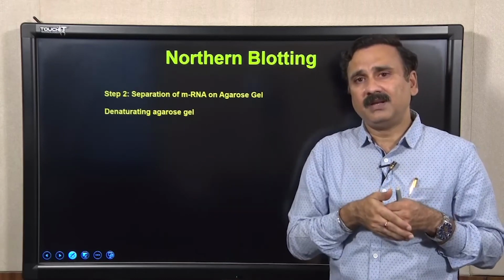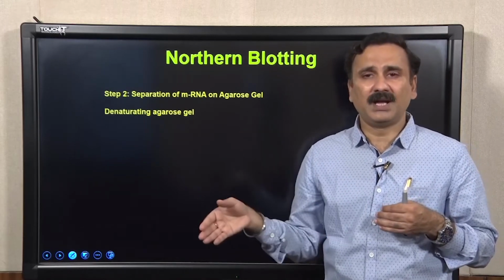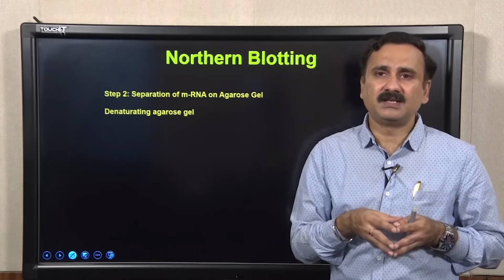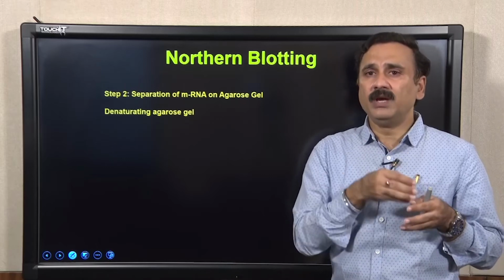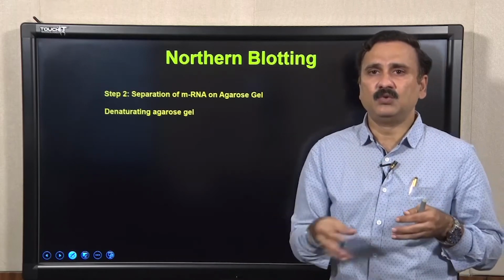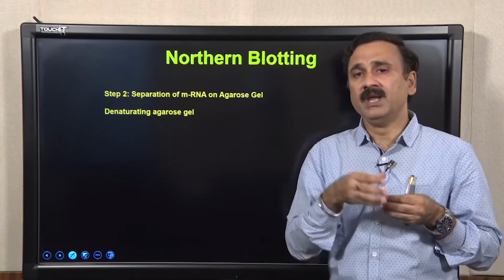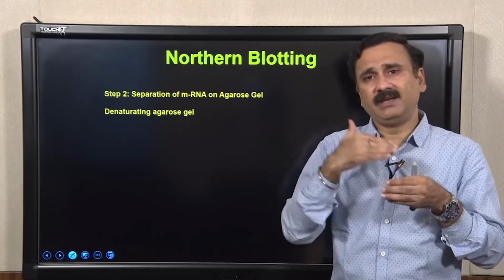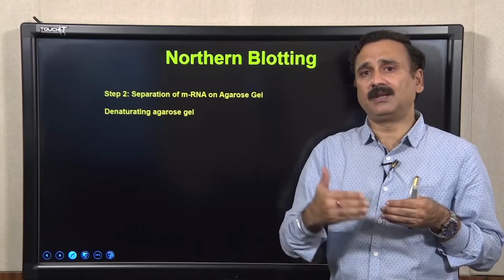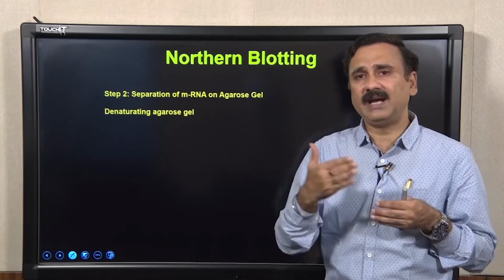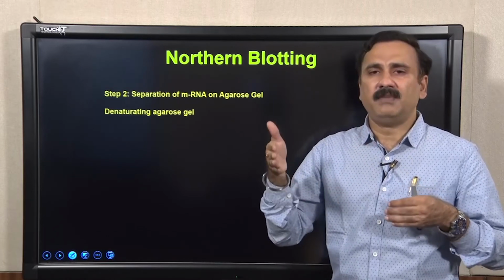So, one of the limiting factors when you are trying to resolve the messenger RNAs on a normal agarose is that the messenger RNAs have secondary structures, and these secondary structures allow the messenger RNA to form compact structures, and because it forms compact structures, they run very fast, and because they run very fast, they don't allow enough time for the agarose to resolve the samples very efficiently, and because of that you are not going to see the separation of the individual messenger RNA.